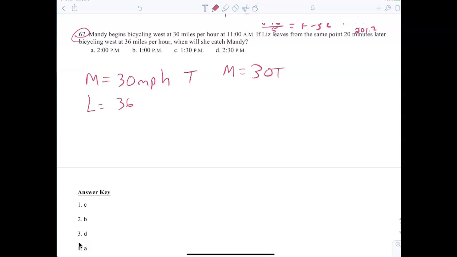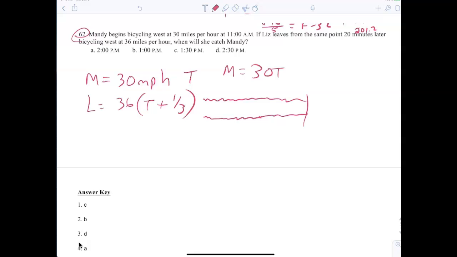It says this person takes off riding her bike, so she's going this direction. Then 20 minutes later, this person starts, and they're traveling, and when do they catch up? How long is she traveling for? Tell me, Bo. Very good, man. t plus 1/3. How'd you get 1/3? 20 minutes is 1/3 of an hour.